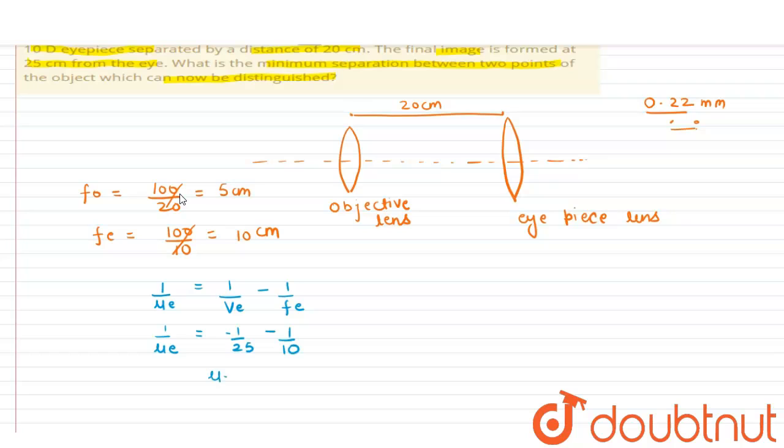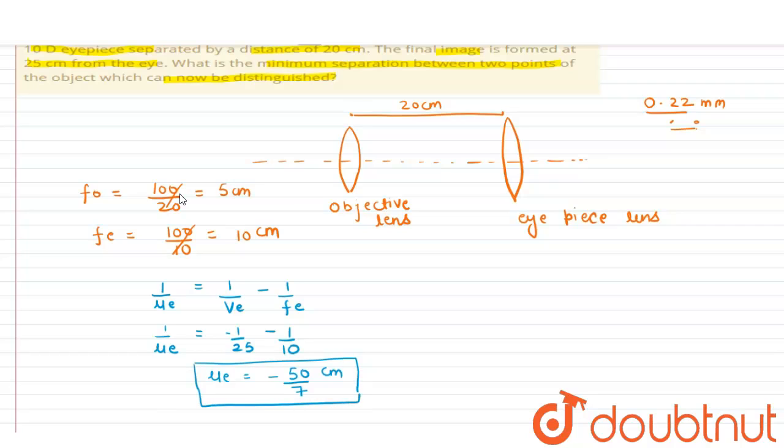By calculating, u_e is minus 50 upon 7 centimeter, for the eyepiece lens.